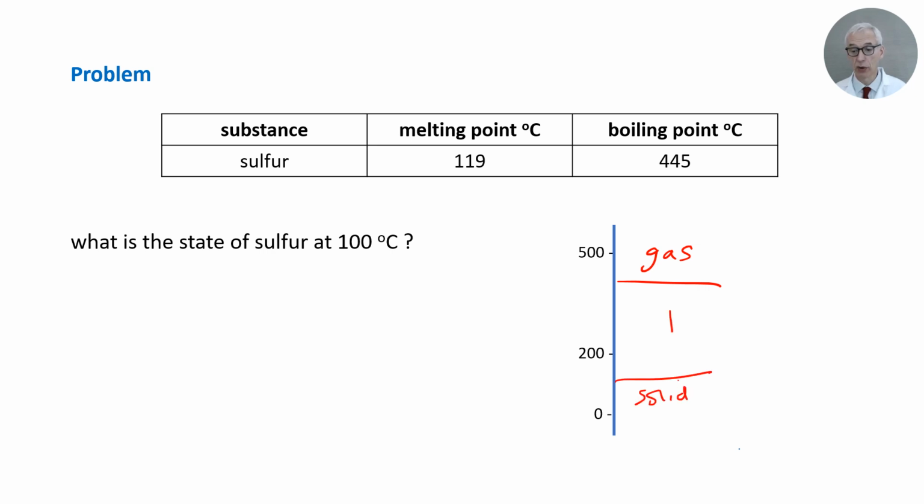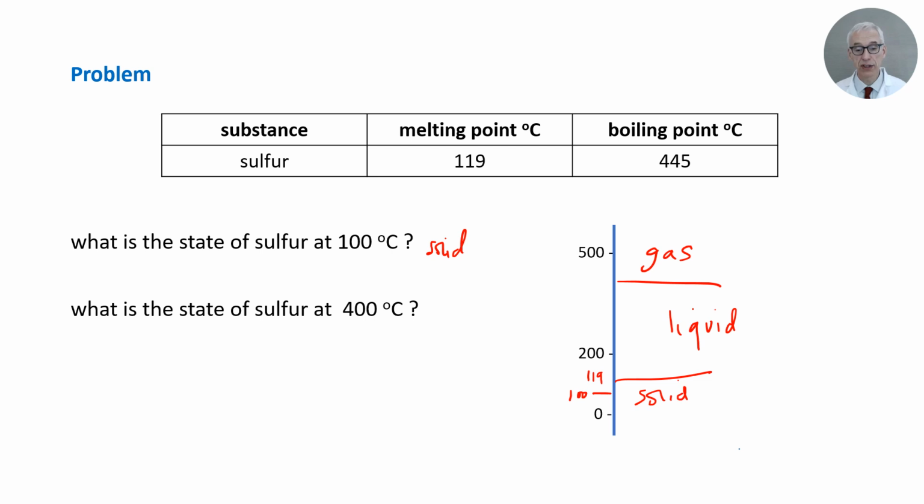In between, of course, it is a liquid. Where is 100 on that scale? So 100 is here. This is 119. So 100 is below there. So at 100 degrees Celsius, sulfur is a solid.